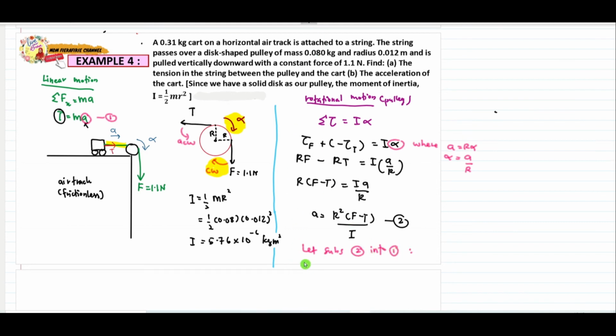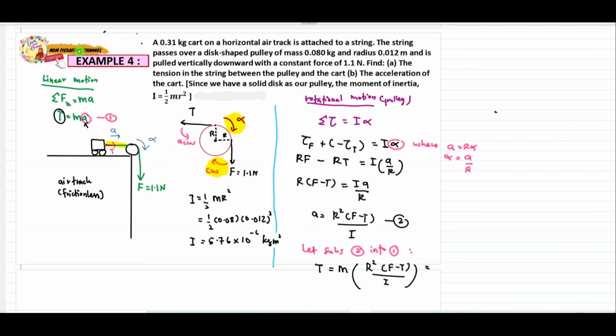Equation number 1 was, tension is equal to M A. Now for A we will put in R squared times F minus T over the moment of inertia I. Now we can substitute.